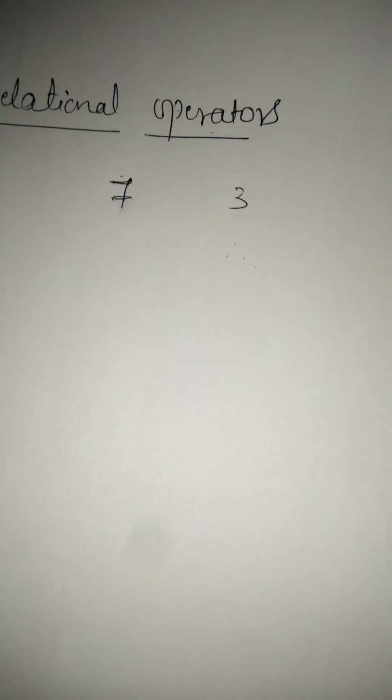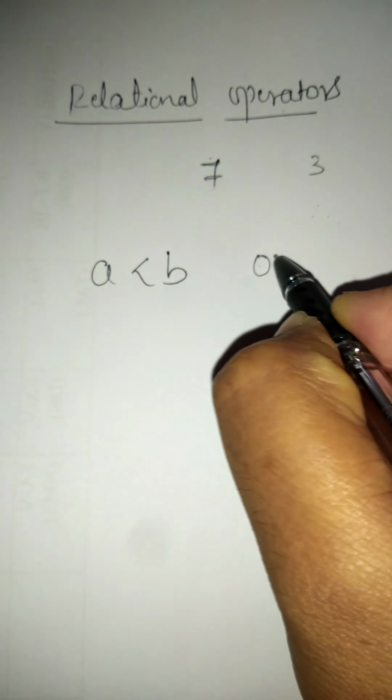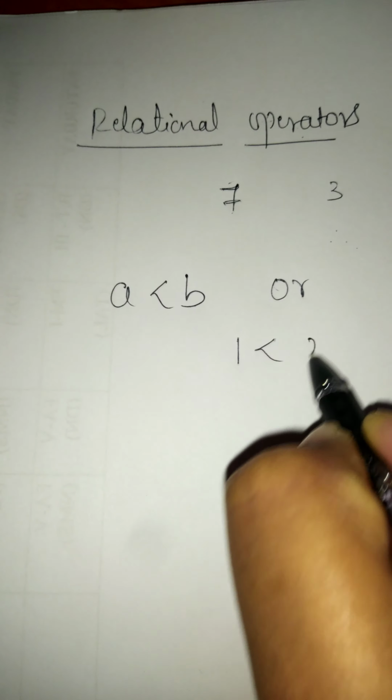The expression which contains a relational operator is nothing but a relational expression. For example, assume that I consider one expression, a less than b, or I can give 1 less than 20.